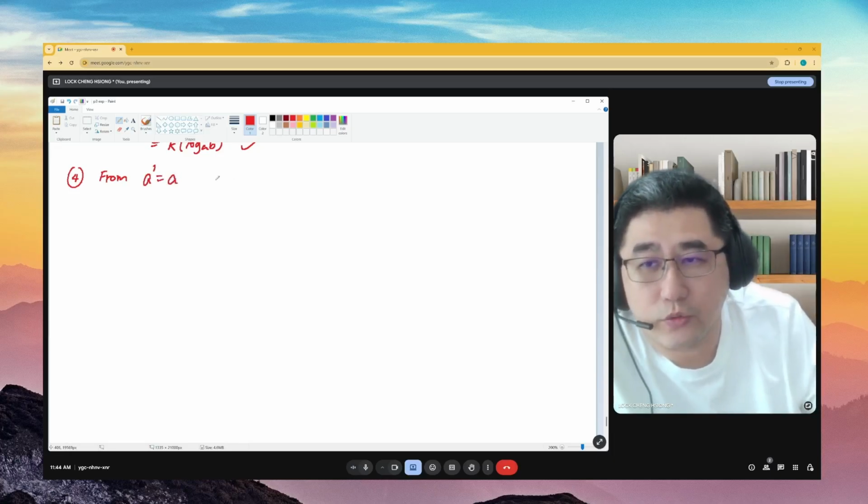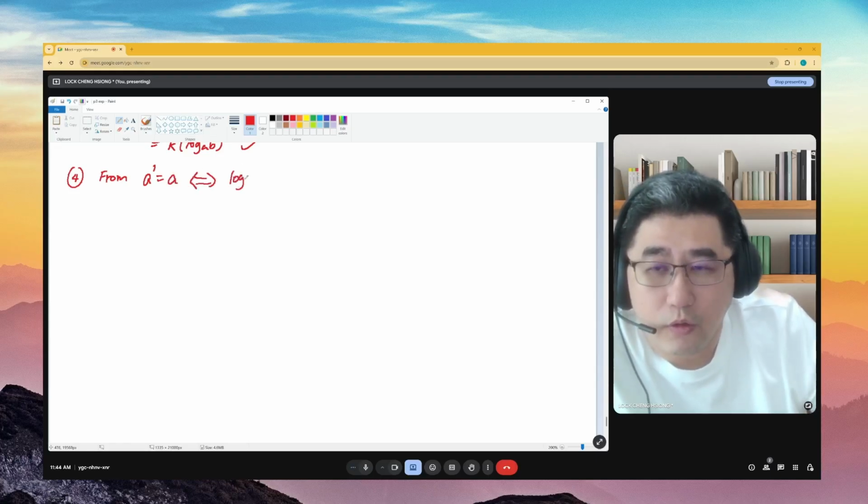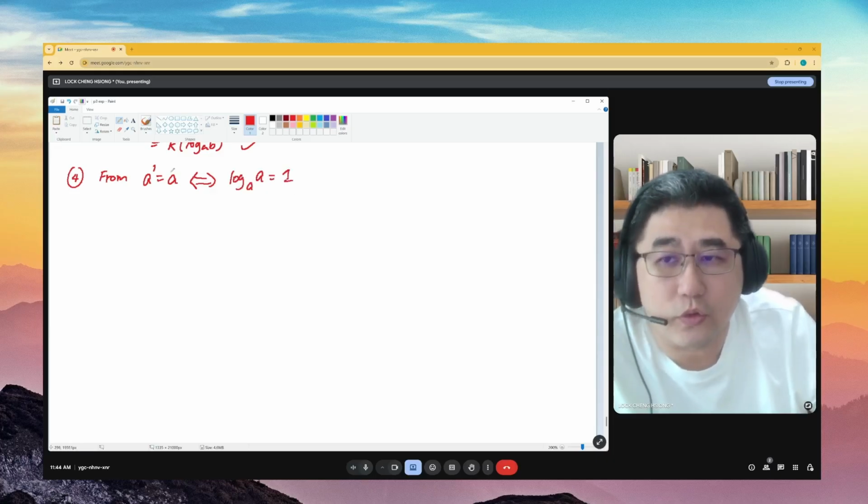We know that this is true. Therefore, if we write it in the log form, I will have log_a a equals 1. So you can see this by definition.